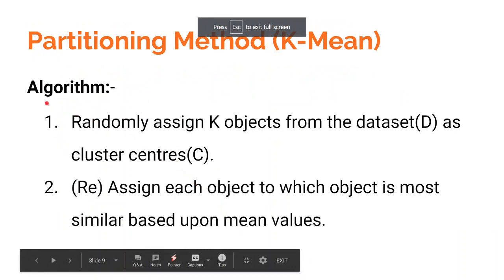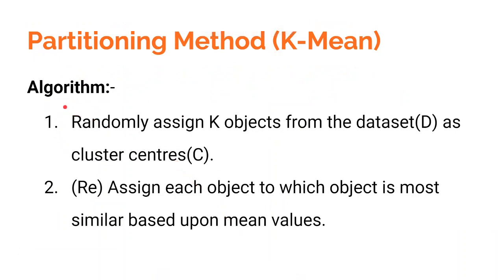So this is the algorithm for the k-means partitioning method. What is the first step of the algorithm?